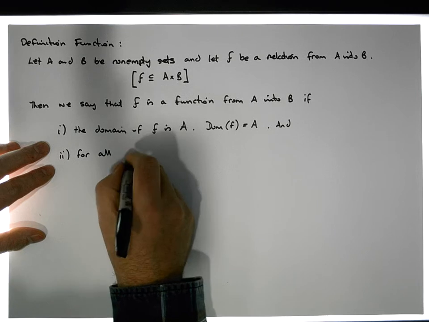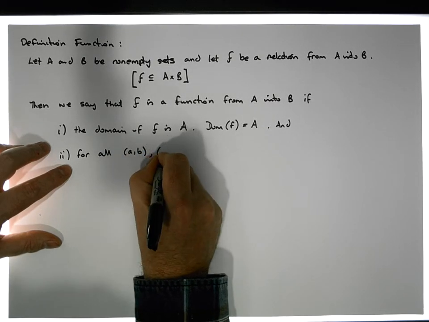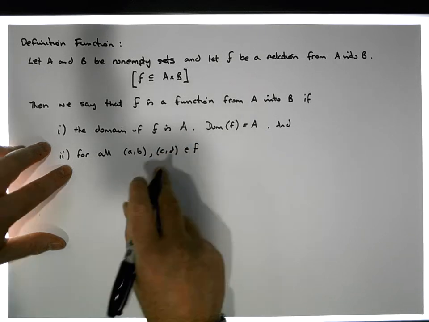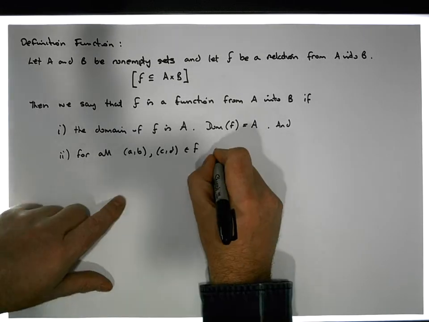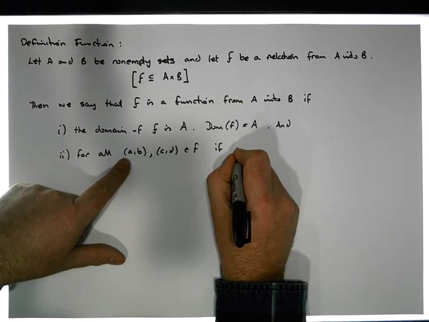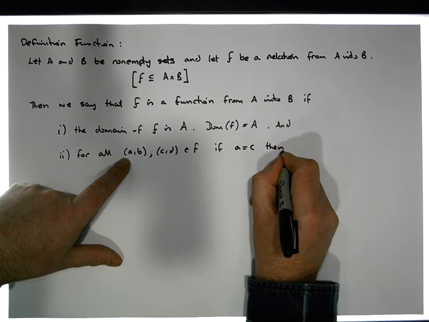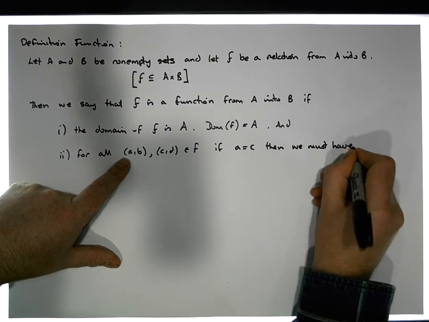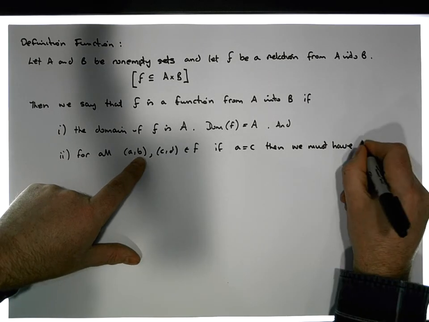so for all ordered pairs that are in F, if a is equal to c, then we must have that b equals d.